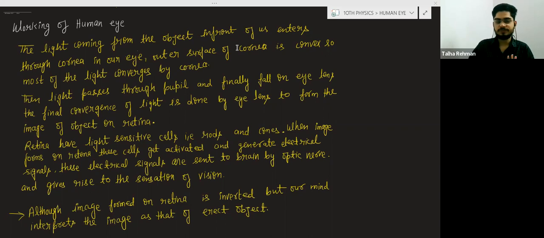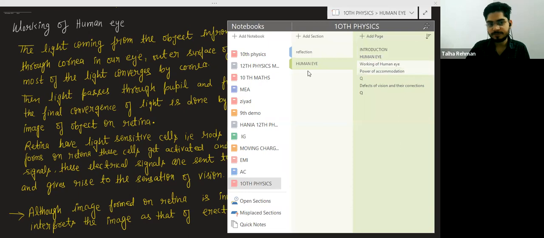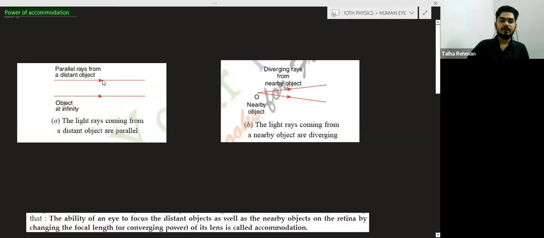Okay. Now this is the basic of the human eye. Now we will discuss the power of accommodation.